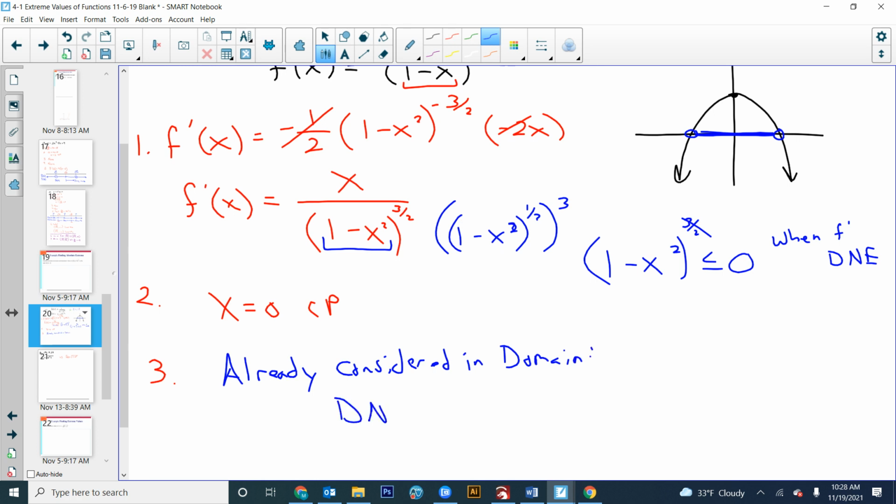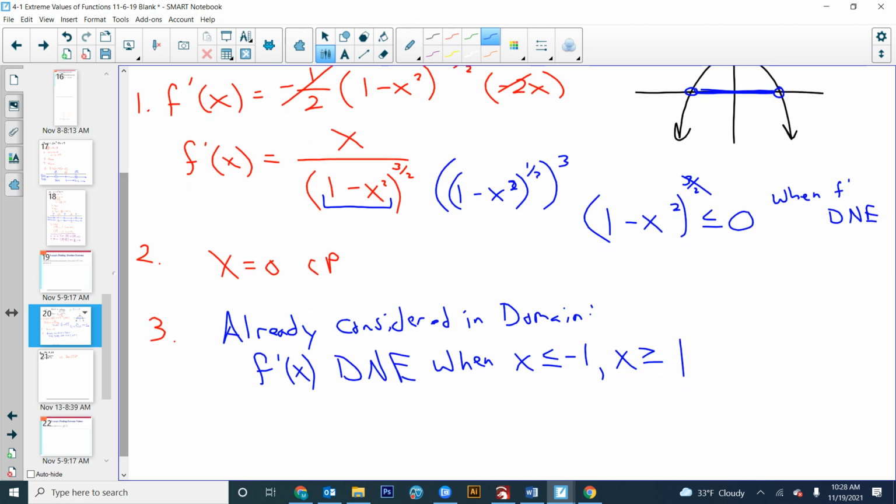Now, I'll be very specific. It does not exist when x is less than or equal to -1 or x is greater than or equal to +1. That's when the derivative does not exist. F prime of x does not exist on those intervals. Well, I've already accounted for those endpoints. I feel pretty good about that.